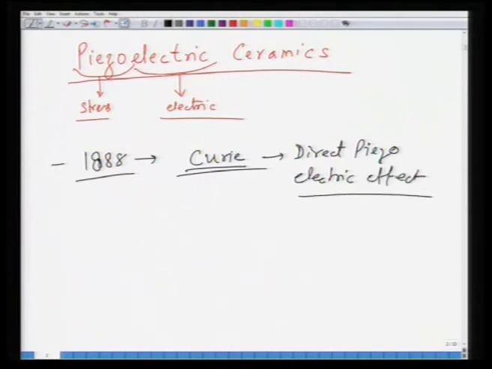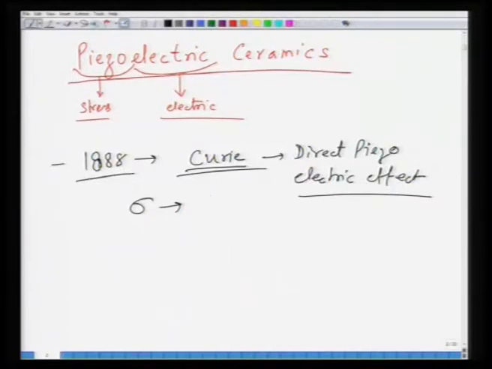Basically it was observed that some materials have the capability to create an electrical potential in response to the application of mechanical stress. So what was observed was that a stress was applied, and this gave rise to, let us say, a polarization or a field, some electrical response. For a variety of reasons, this application of stress leads to changes in the electrical parameters.